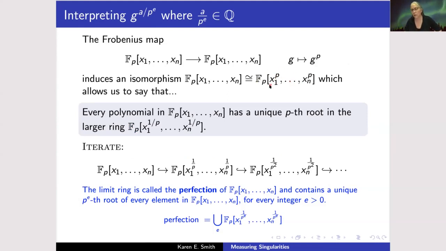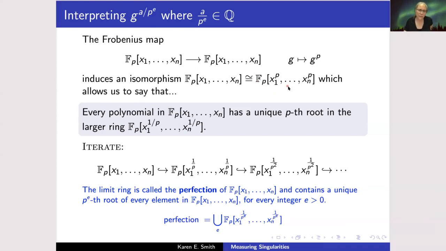In other words, you can think of it as the polynomial ring over Fp in the variables x1 to the p, x2 to the p, and so forth. This is an isomorphism because it's surjective onto its image, and there is no polynomial in the kernel. When I raise a polynomial to the Pth power, I will never get 0. So the kernel is 0, the image is this ring of Pth powers, and so we have an isomorphism.